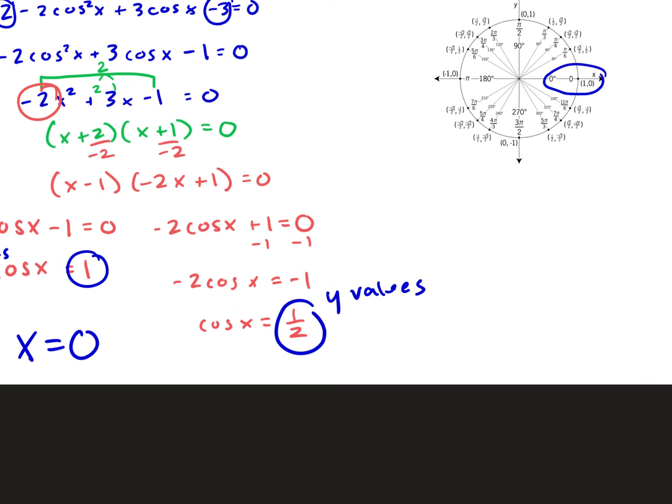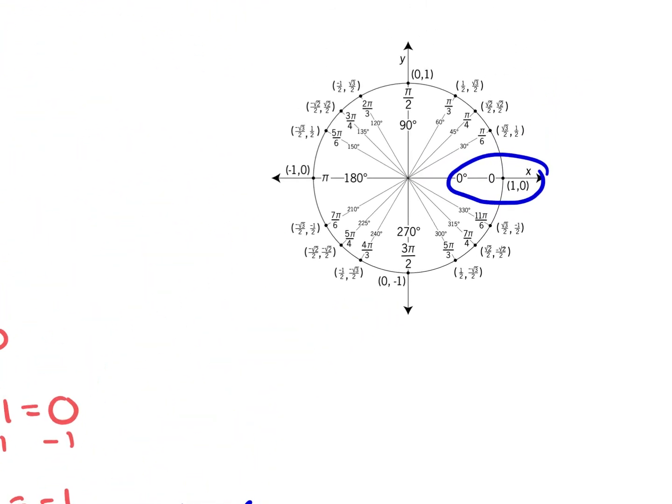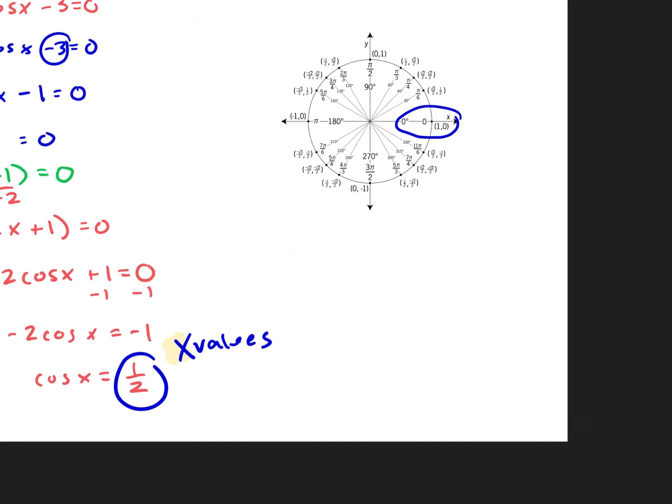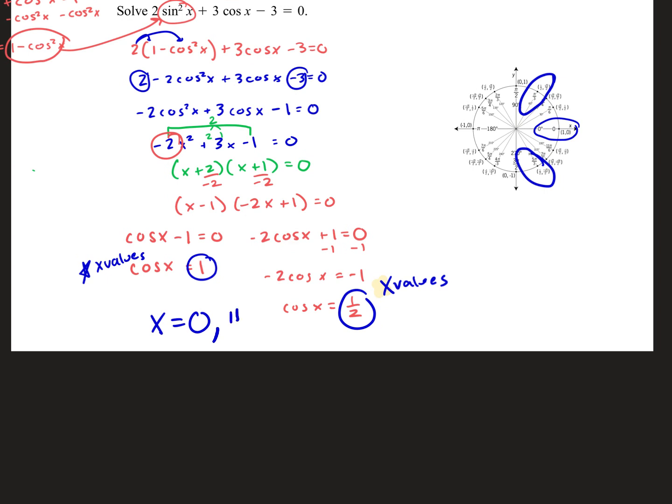Oh no, we're looking at x. We're doing cosine. Okay, this should be x values. It'd be at pi over 3. And where else? 5 pi over 3. So pi over 3 and 5 pi over 3. So these are our 3 answers.